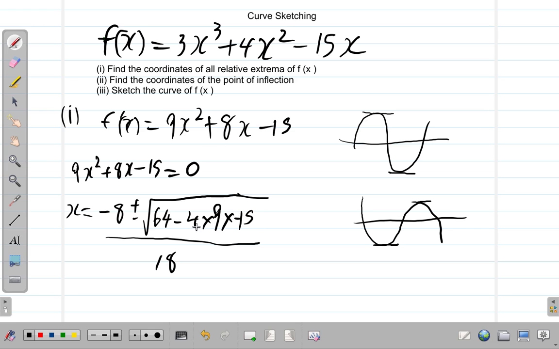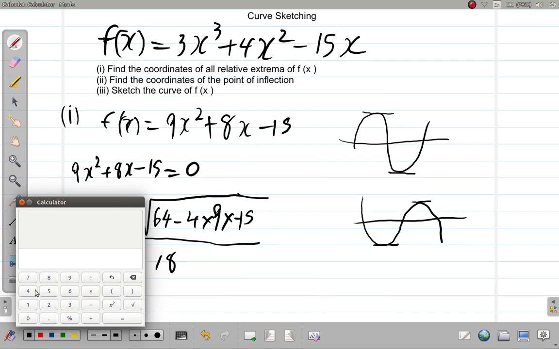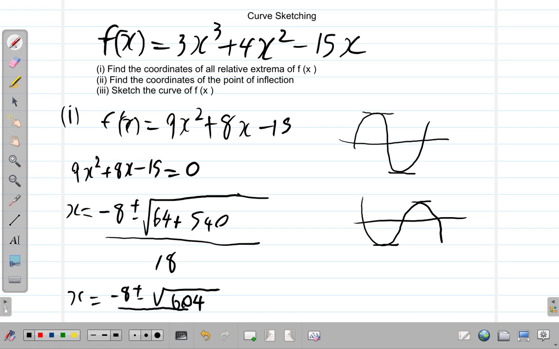This will be minus negative 4 times 9 times 15, which is 540. So it's a minus negative 540, which becomes a plus 540. We have 64 plus 540, which is 604. So x equals negative 8 plus or minus the square root of 604 over 18.